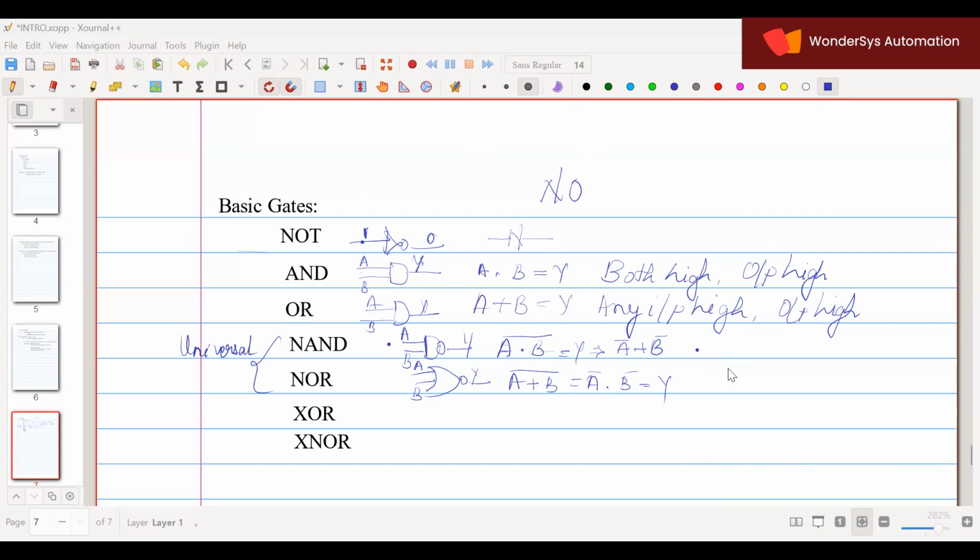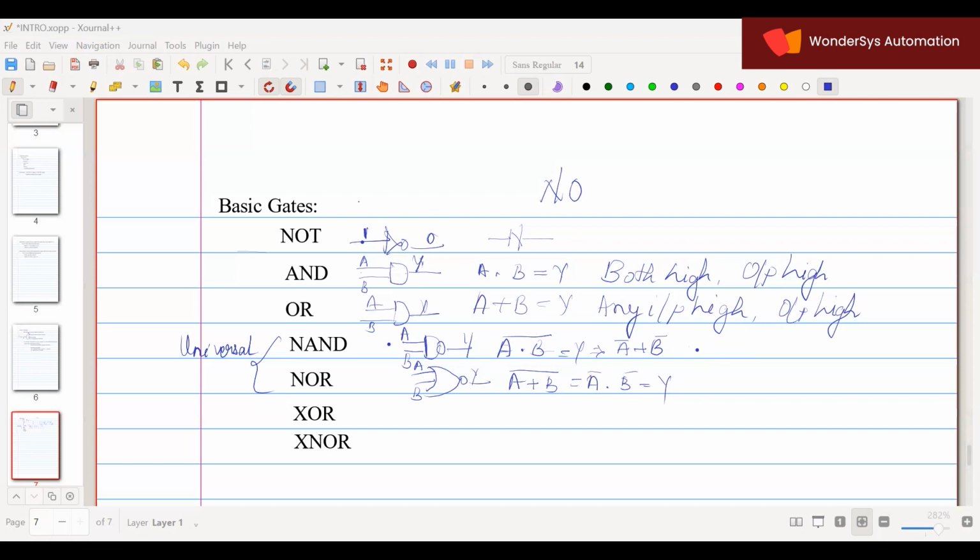Okay, fine. We'll continue. After writing the truth table, how can you define it? Whether you consider the high condition or the low condition. Okay, if you take the high condition, what will you say?